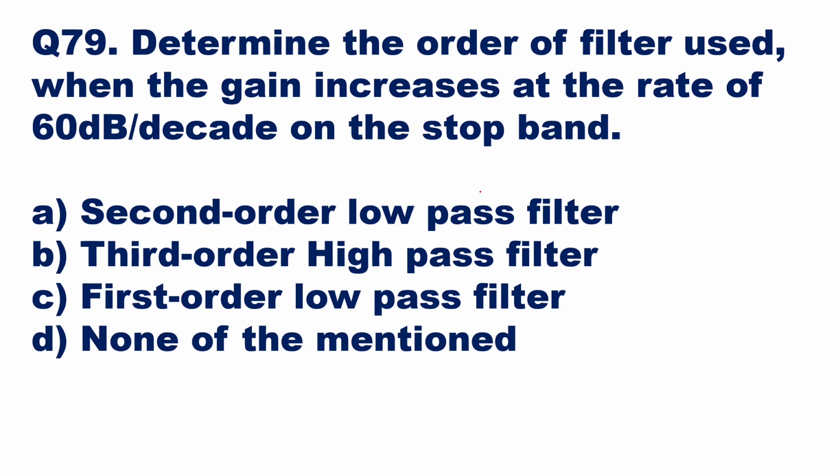Now, when the rate is 60 decibels per decade, it is third order. 20 decibels per decade is first order, 40 decibels per decade is second order, and 60 decibels per decade is third order. Here it says the gain increases, so from the stop band it goes to the pass band. That means it is a high pass filter. So option B will be the right answer, third order high pass filter.